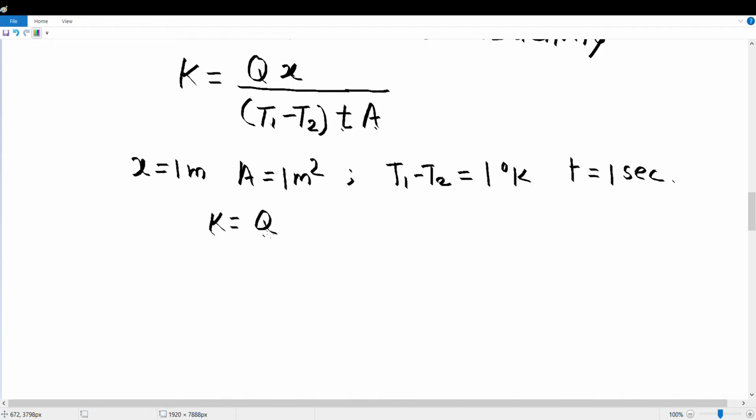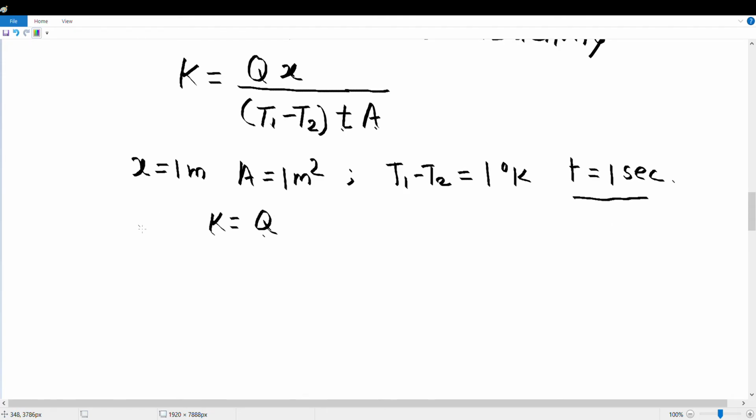What is this Q? This Q is the quantity of heat which flows for 1 second. For how much time duration does this heat flow? It flows for 1 second.